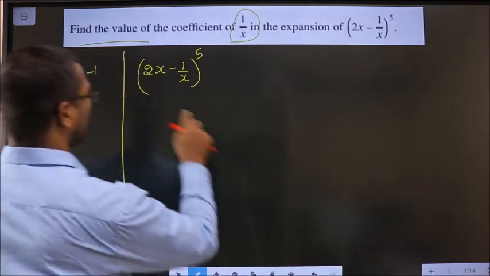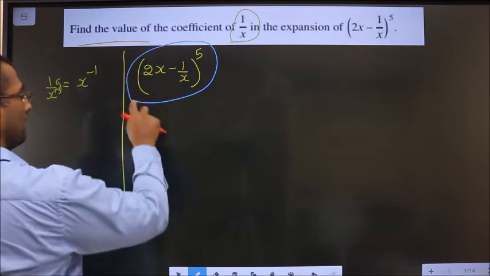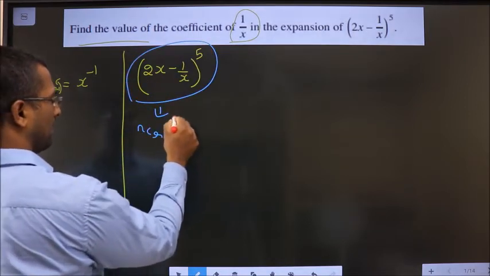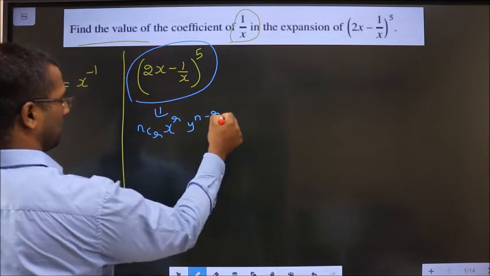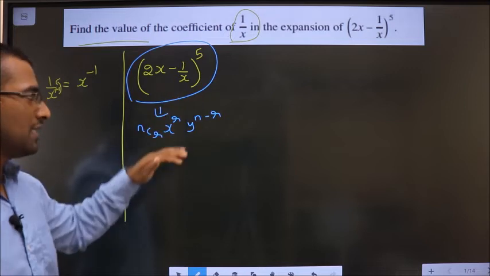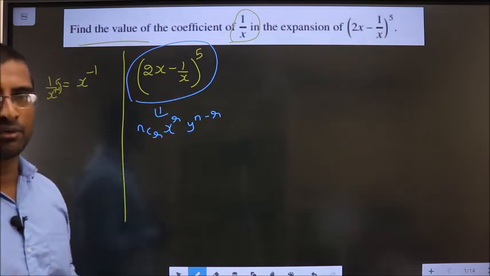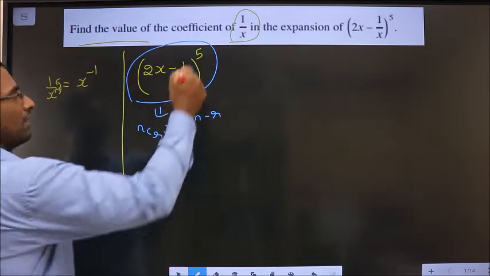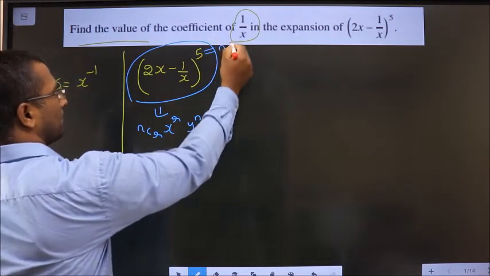Next, for every binomial, we should make use of the formula nCr x power r y power n minus r. For any binomial, for positive powers, we make use of this formula. Now, what is n, x and y? The power is n.